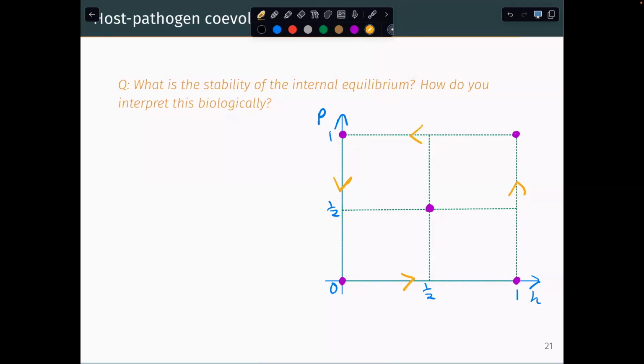Because the pathogen wants to match the host always, if the host has its allele A at frequency 0, in other words, it's only allele B, then the pathogen is going to want its frequency of allele A to go to 0 as well. Likewise, if the pathogen has fixed allele B, in other words P is equal to 0, the host is going to want to get away from it. So it's going to want to move away.